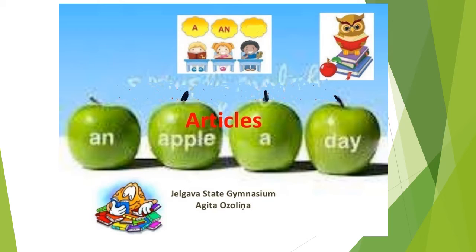Let me clarify concept of articles to you a little more. Articles a or an are actually adjectives that tells us about the noun. As you can see in the picture, an apple a day.